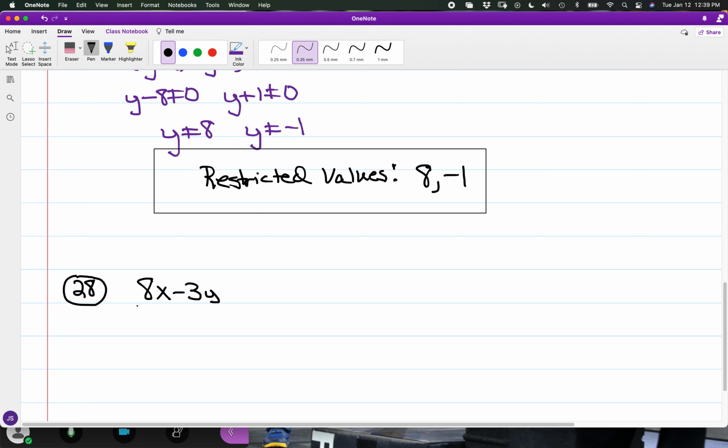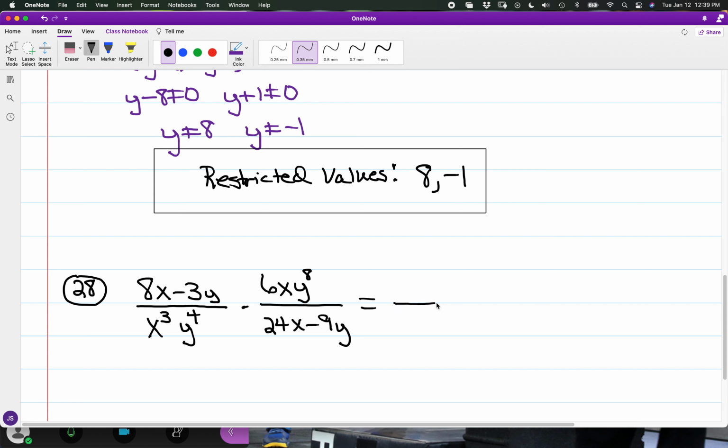So I have 8x minus 3y over x cubed y to the 4th, times 6xy to the 8th, all over 24x minus 9y. All right, and we're going to have some reductions involved.